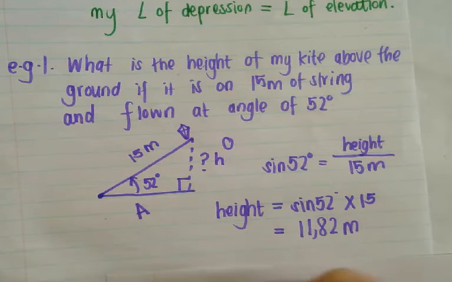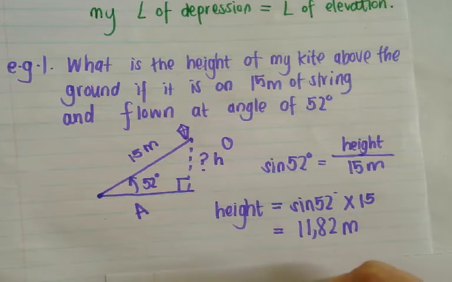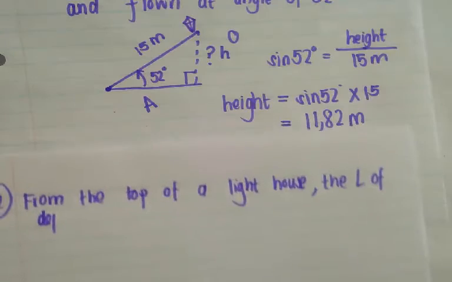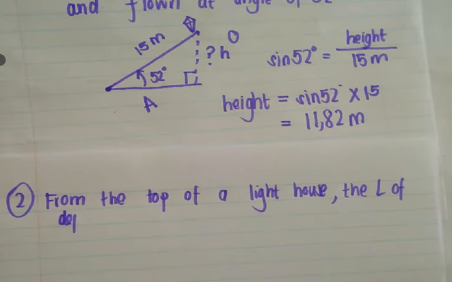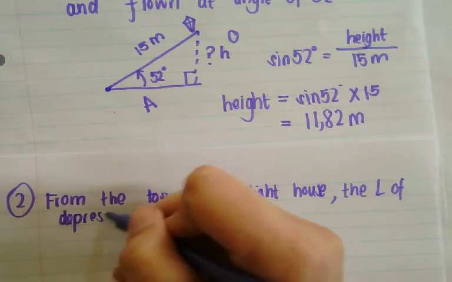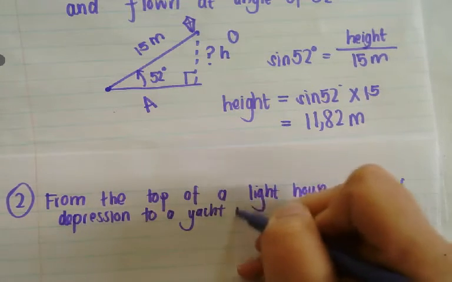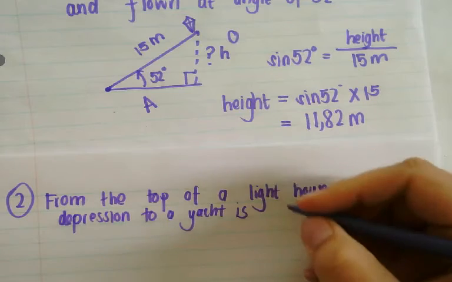So my second example: from the top of a lighthouse, the angle of depression to a yacht is 19 degrees.